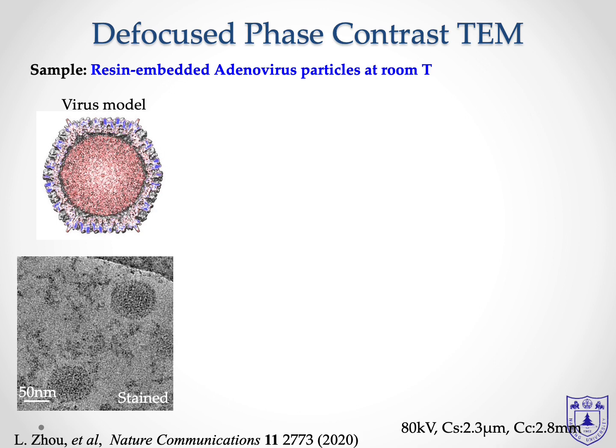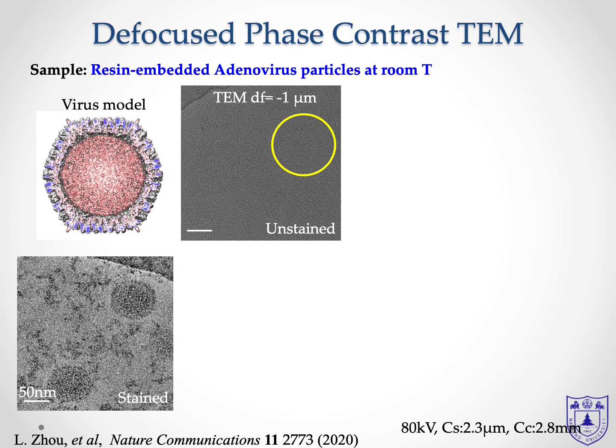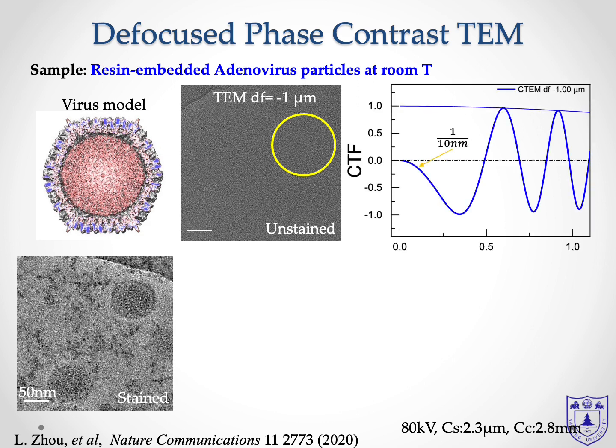In imaging, people use unstained conditions to preserve the native state of the sample. However, due to the weak scattering and radiation sensitivity of the biomaterial, the contrast at low dose is very weak, especially in the close focus condition.